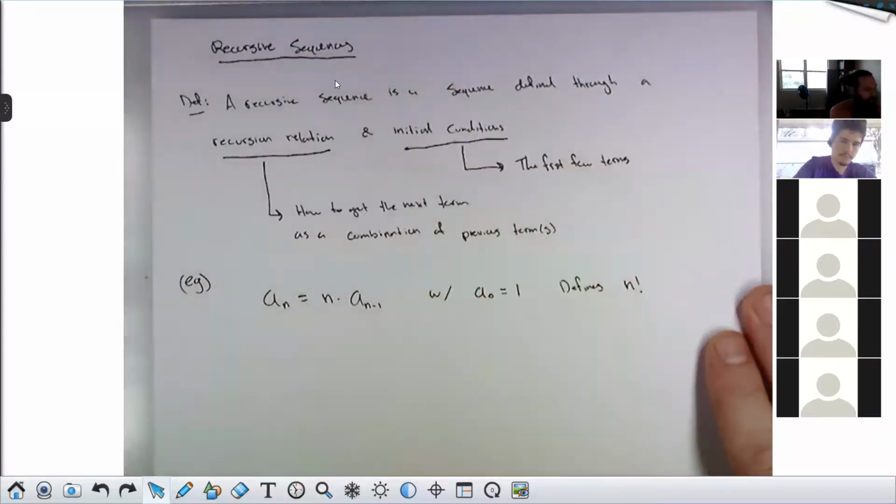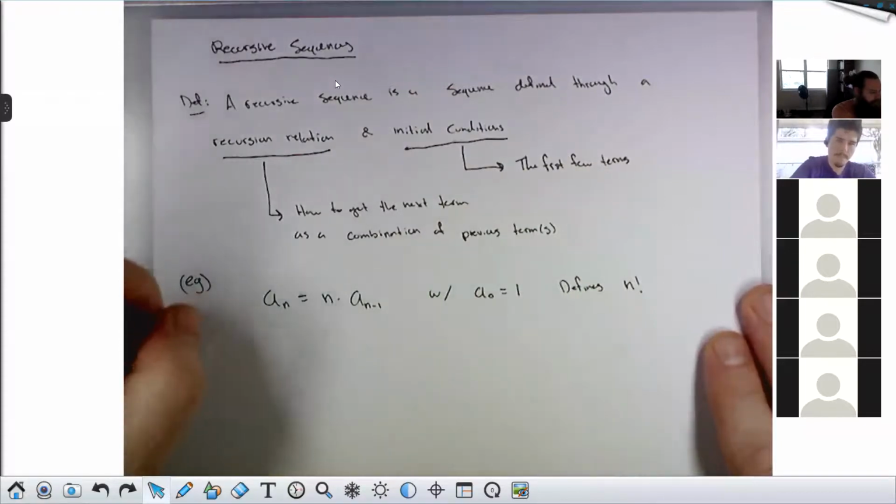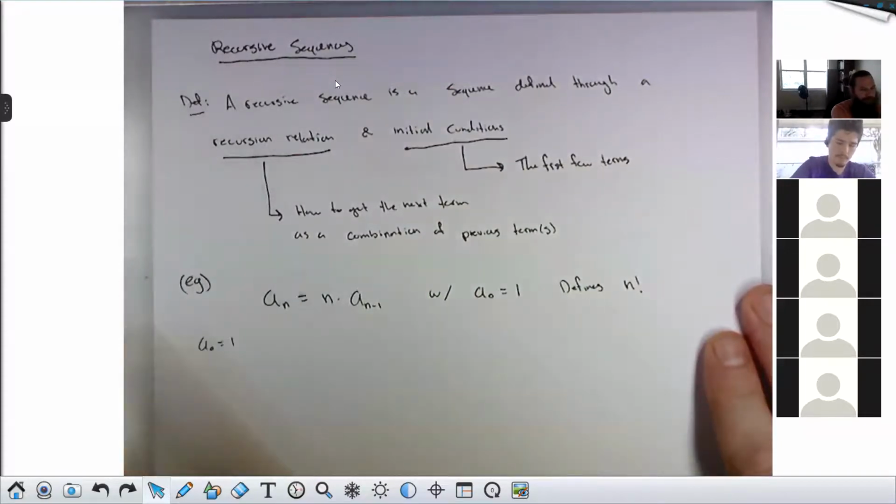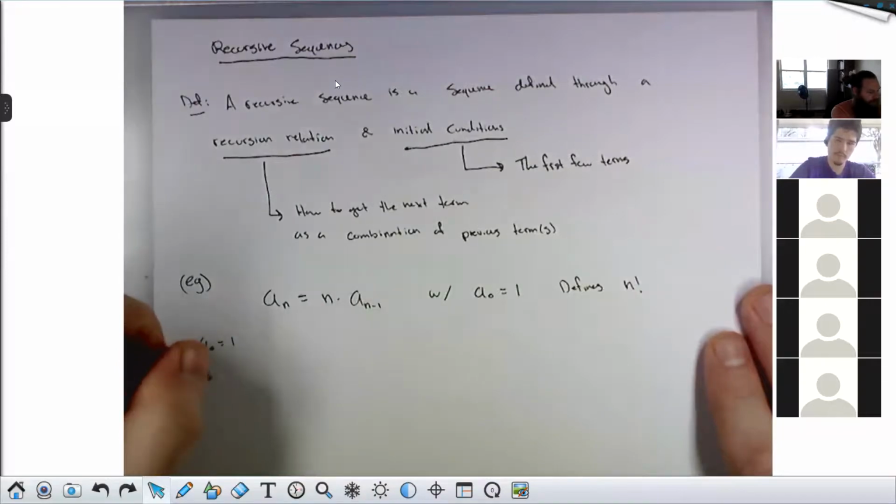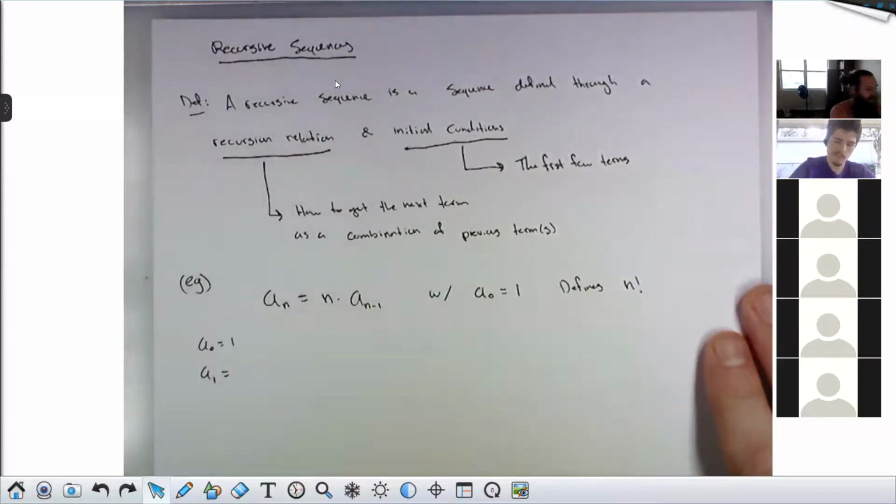Let me show you what I mean. Well, a_0, they tell me, is 1. If I want to know what the next term, a_1, is, I follow the recursion relation.